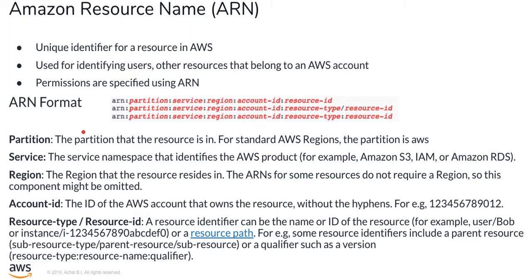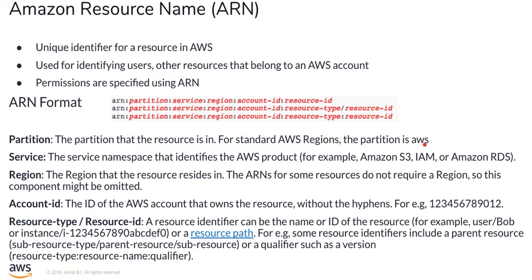It starts with ARN to denote this is an ARN, and there are partitions which say whether it's an AWS resource, or what partition it belongs to. There are several partitions that they have created. Mostly the value that we would use is AWS.